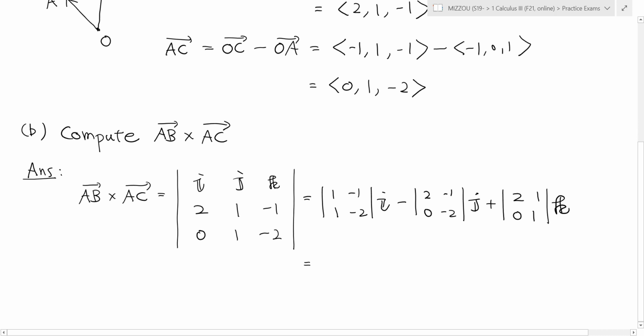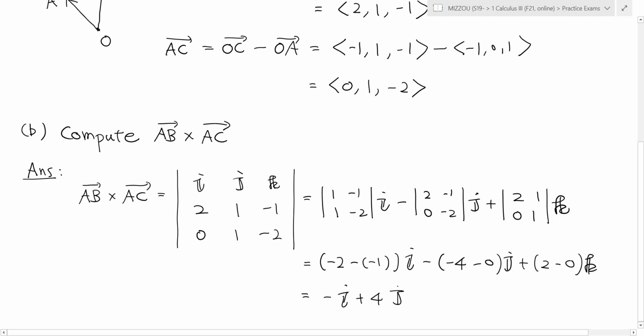And then this is equal to, you multiply diagonally and subtract one from the other, minus 1, I, minus negative 4, negative 0, J, plus 2 minus 0, K. And that is equal to negative I plus 4J plus 2K. So that's the answer.